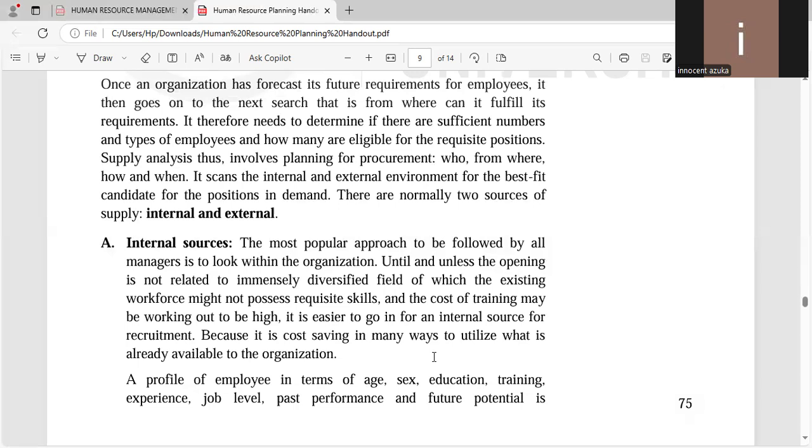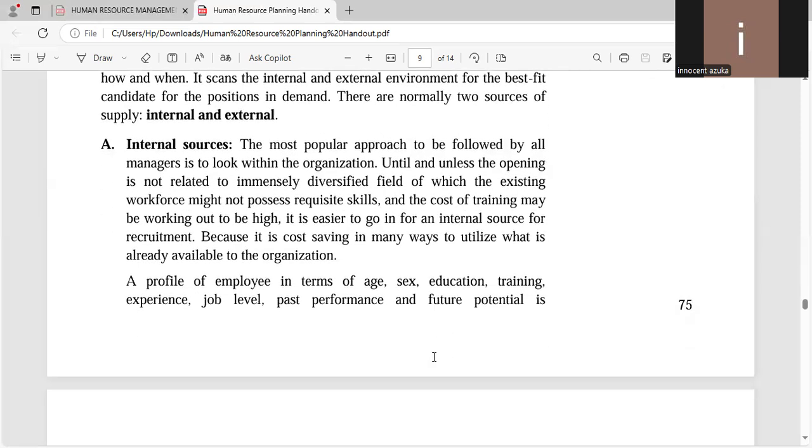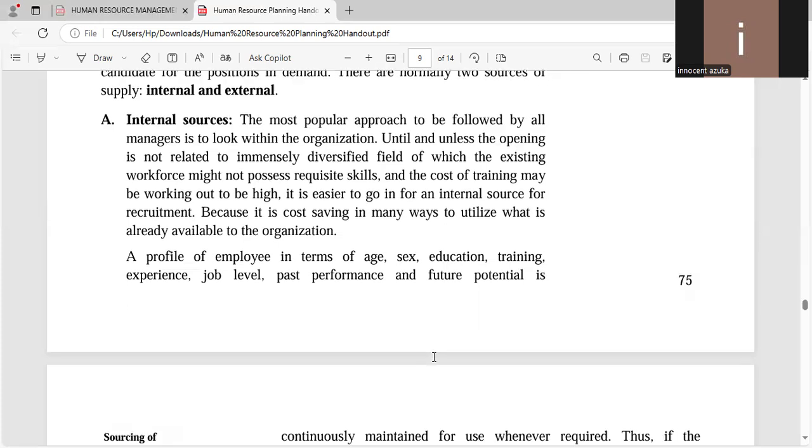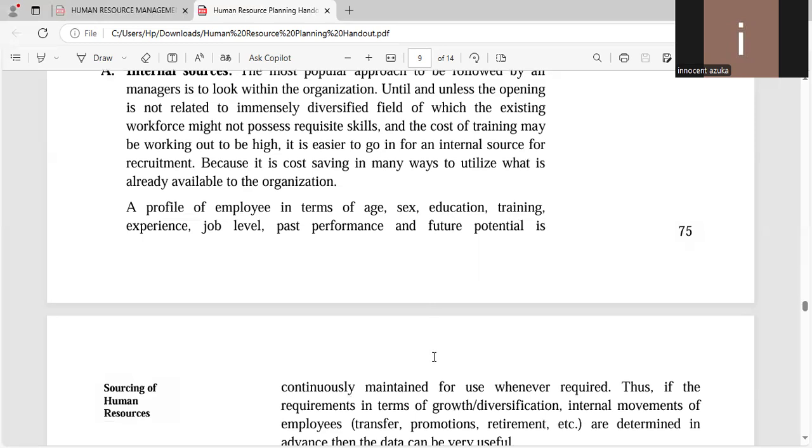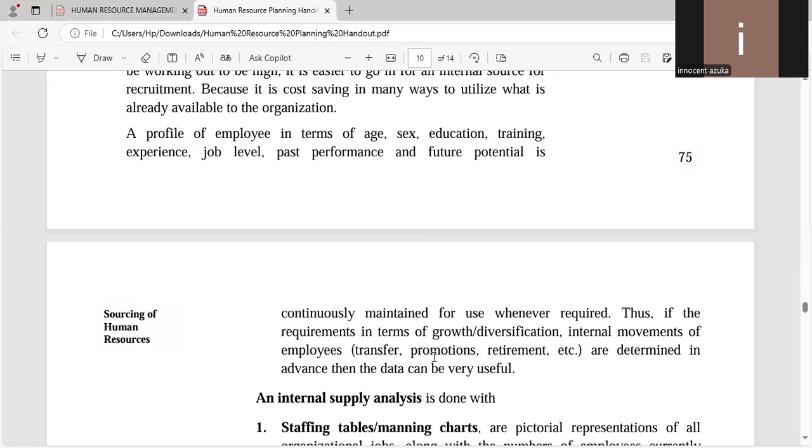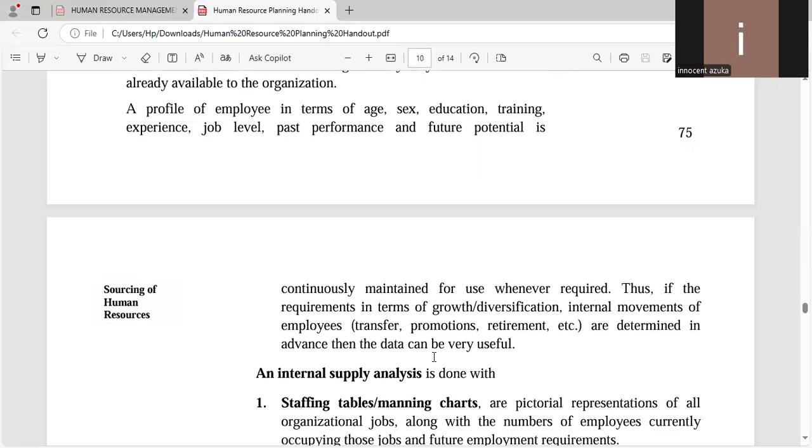So it is easier to go in for an internal source for recruitment because it is cost saving in many ways to utilize what is already available to the organization. A profile of employees in terms of age, sex, education, training, experience, job level, past performance, and future potential is continuously maintained for use whenever required.